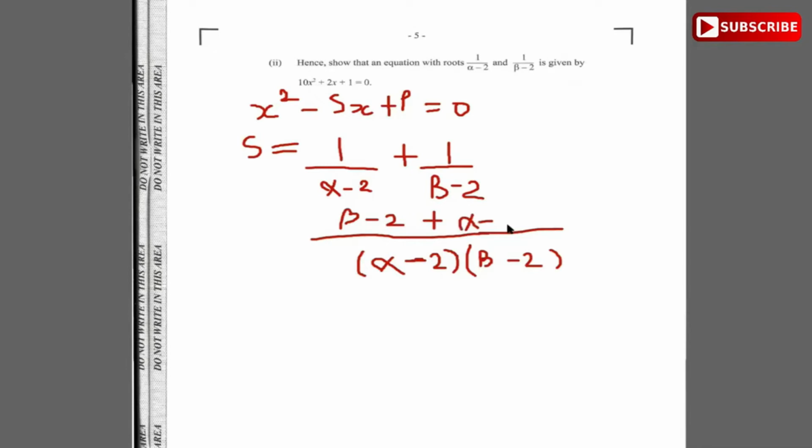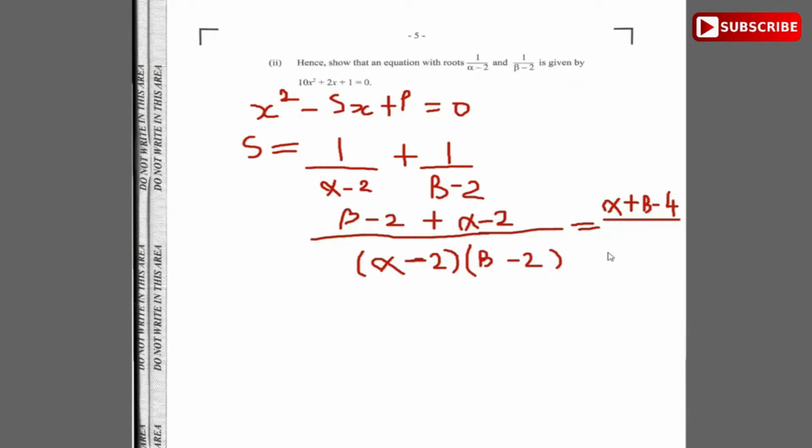So in the numerator, it's going to work out to be alpha plus beta minus 4. And in the denominator, it's going to work out to be alpha beta minus 2 alpha minus 2 beta plus 4.